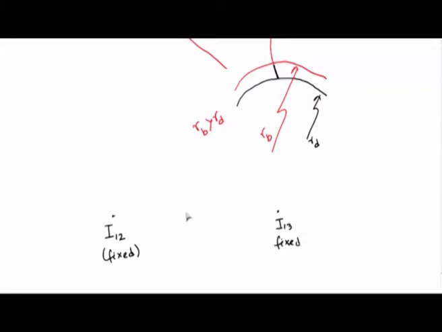If you allow P to be varying, there is no way you can keep this ratio I12P by I13P to be constant.